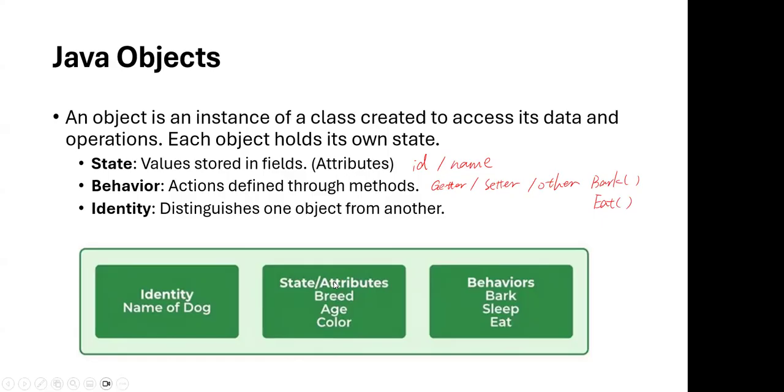And another thing is the identity. It distinguishes one object from another. It could be something like the name, or maybe age, or maybe some combination of attributes together. Both form the identity that distinguishes one object from another.